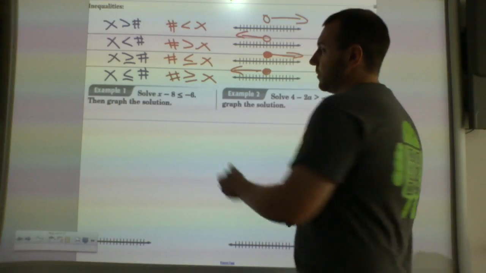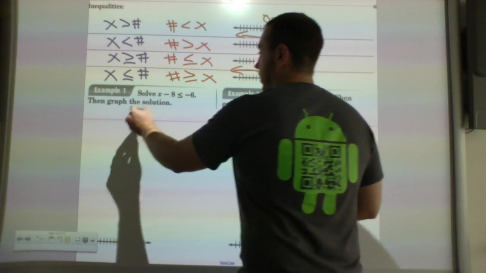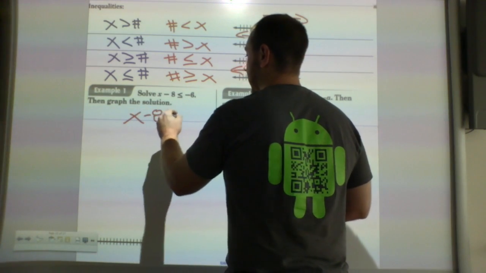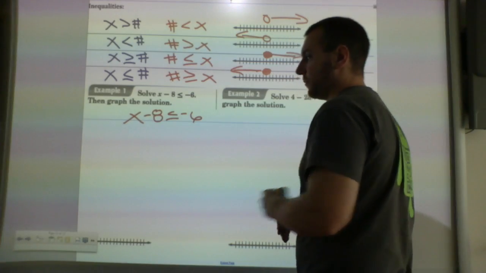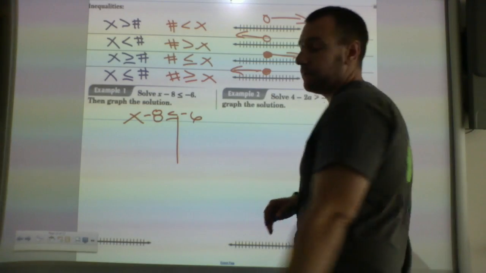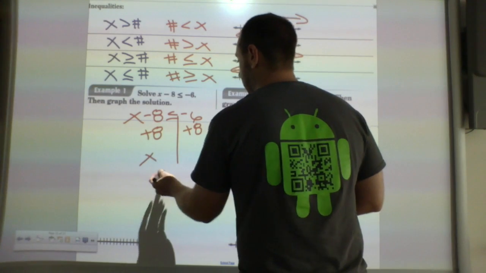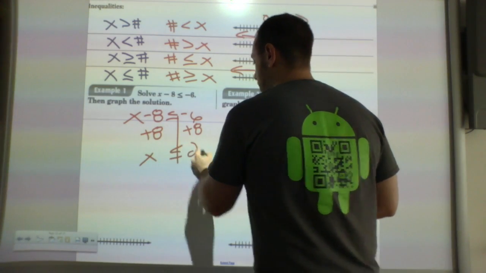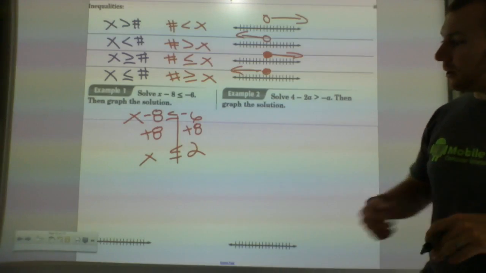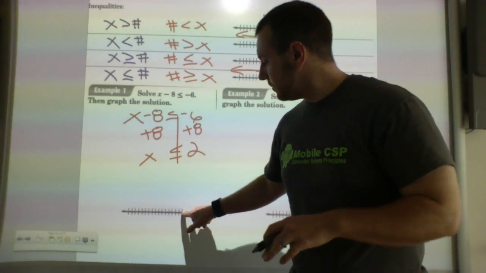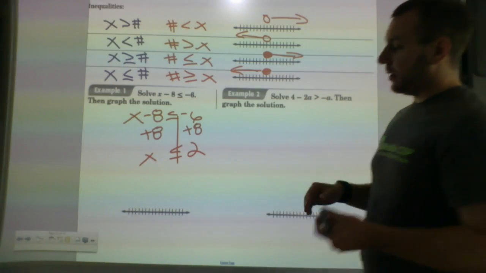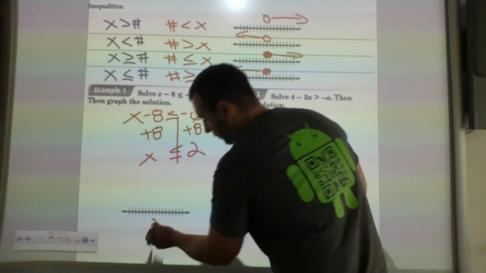So in this case, x minus 8 is less than or equal to negative 6. I'm still going to draw my line. I'm still going to add 8 to both sides. So now x is less than or equal to 2. Well, now I have this number line. Well, I'm going to put 2 here.